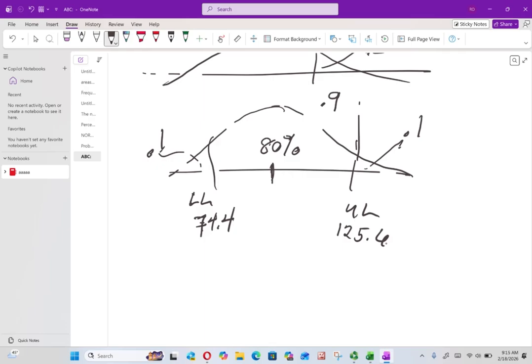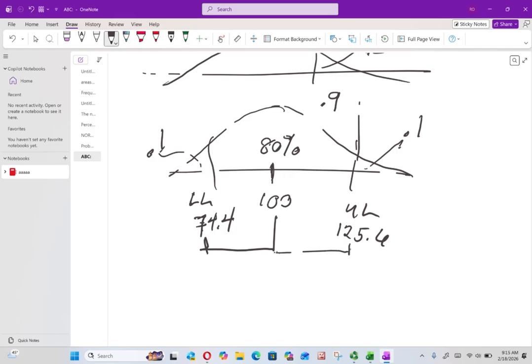The other way I can do this, using either one of these two, 100 is in the middle, and this is measured in standard deviations, so that the distance from here to there is the same number of standard deviations as it is from here to here.